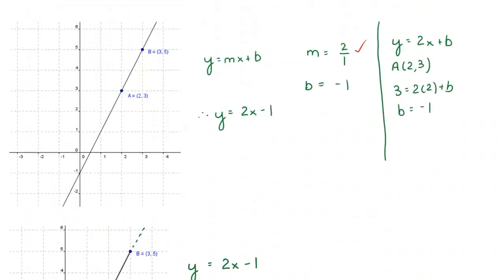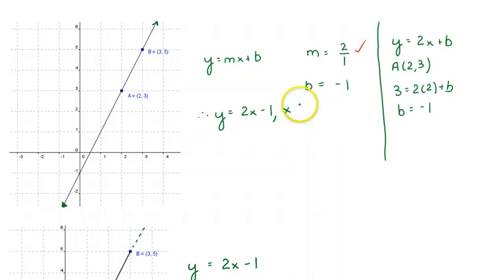If you notice in this example, this line goes on forever. And I should indicate that with arrows, but I did this in GeoGebra, so it didn't put arrows on the end. But what I see here is that any x value can be plugged into this relationship and it gets a corresponding y value. If x is 4, y is somewhere up here. If x is 0, y is negative 1.